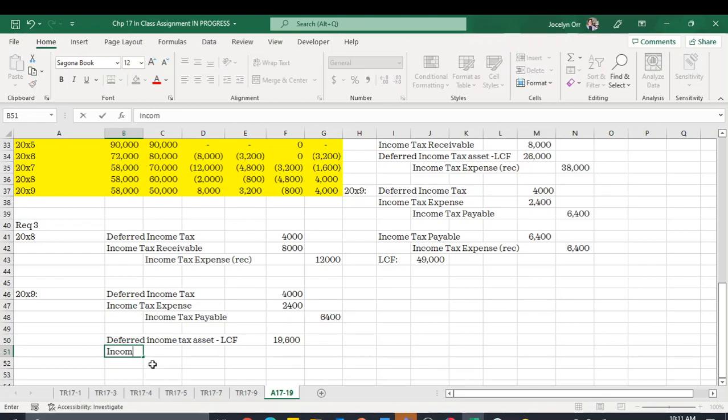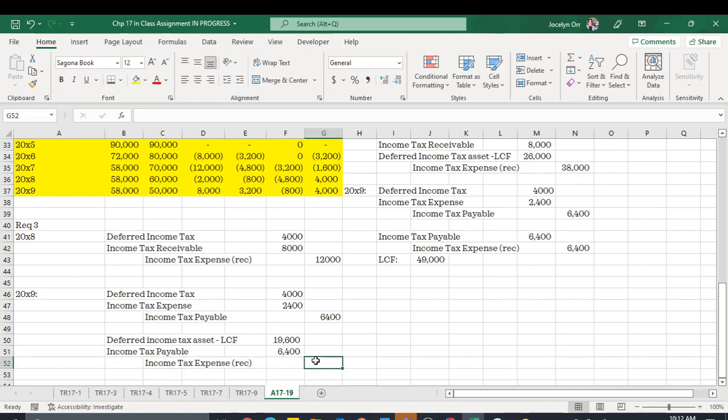My income tax payable is going to be reduced just like it was in the previous entries, and then my income tax expense or recovery is for the full 26,000. Right?